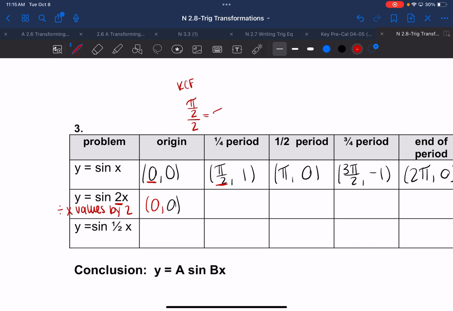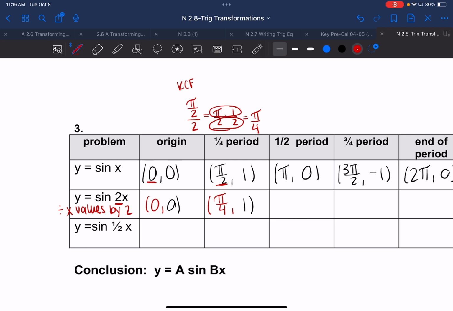So I would keep pi halves, change from division to multiplication, and I flip 2 over. If I flip 2 over, what does it become? 1/2. Okay, and then when I multiply, remember we multiply the numerators. Pi times 1 would give us pi. And I multiply denominators. 2 times 2 gives us 4. All right, so this becomes pi over 4 when I divide by 2. Okay? And I don't change the y value, right? So it stays 1.